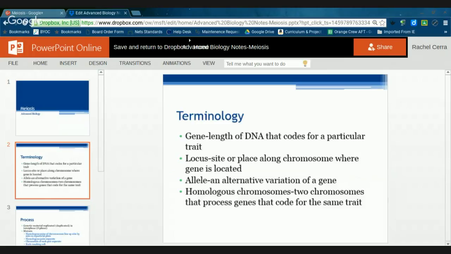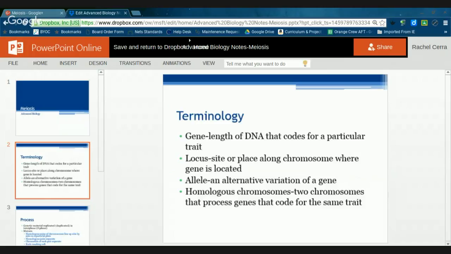The next one is a homologous chromosome. This is talking about two chromosomes that code for the same trait, but they may or may not be different versions. It's just going to depend. You get your homologous chromosomes from your parents.